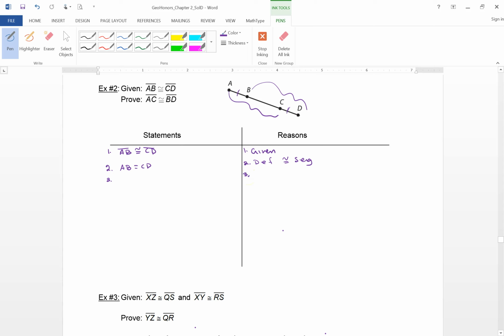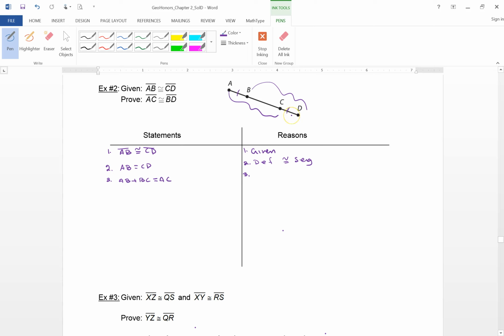Now, eventually, because I want to prove AC and BD are equal to each other, I want to somehow connect AB to BC, and I want to connect CD to CB. So, AB plus BC is equal to what? AC, right? Because now I want to combine the two of them into the big one, so that later I can start comparing the big ones.